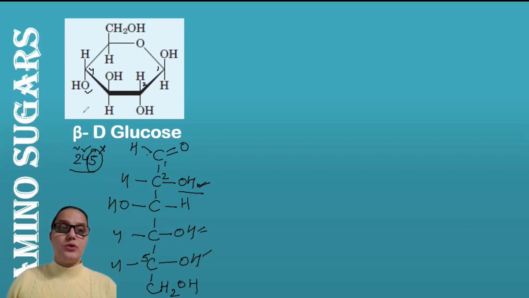That's why this is glucose. First point, because on carbon number 5, CH2OH is directed upwards, that's why it is D-glucose. Third point, because on carbon number 1, OH is directed upwards, that's why this is beta-D-glucose.